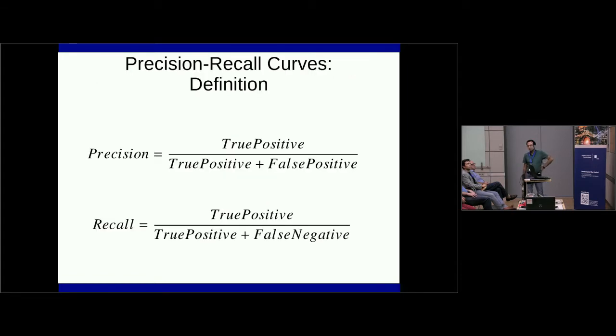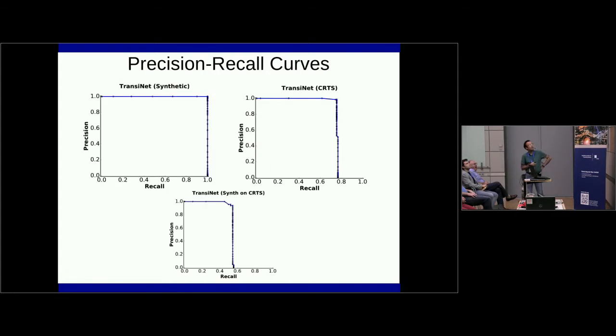So for numerical evaluation, we have precision and recall. These are the definitions. More or less, this has to do with contamination in the astronomical community, and this is about completeness. And here we again got surprised because these do not look like real precision recall curves. You should usually see such a thing, really a curve, not a corner.